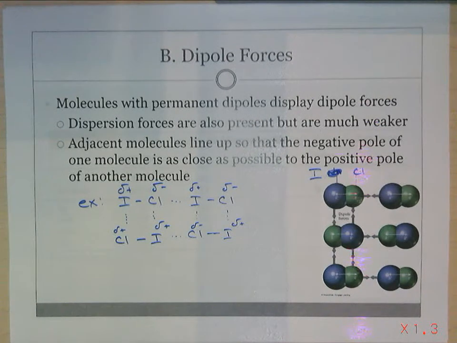So I am forcing it into a regular structure. This is just in two dimensions. If I expand this out into the third dimension, it starts becoming kind of cubic, because you can imagine every iodine is near a chlorine, and every chlorine is near another iodine, and there's alternate poles.